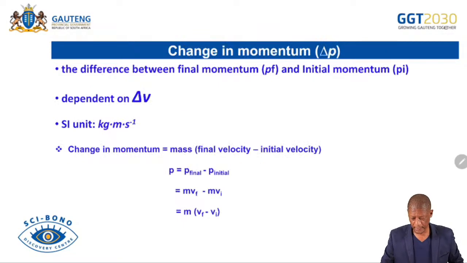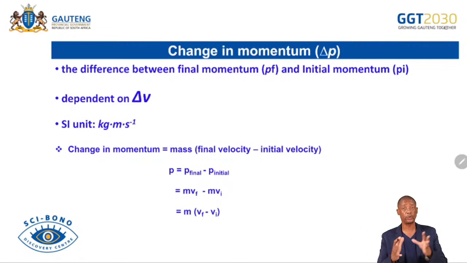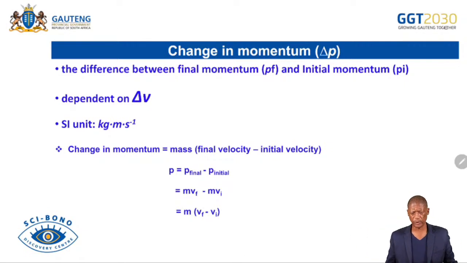Right. Now let us move faster. We're dealing with calculations, and I think now you have a view of what the calculations are. Now, change in momentum. We said change in momentum depends on the change in velocity, the difference between the final velocity and the initial velocity.